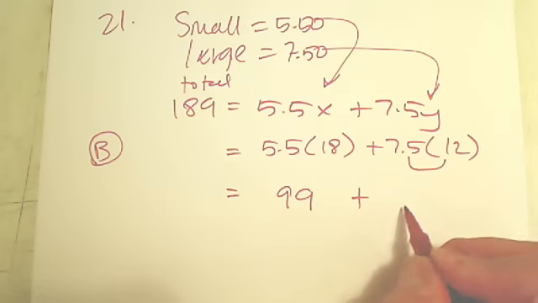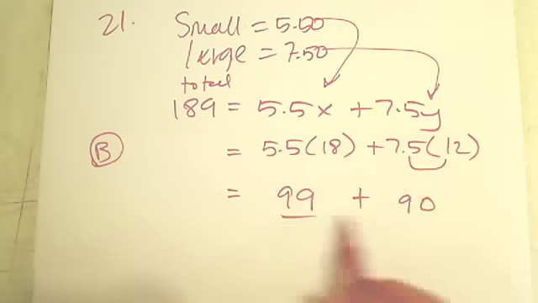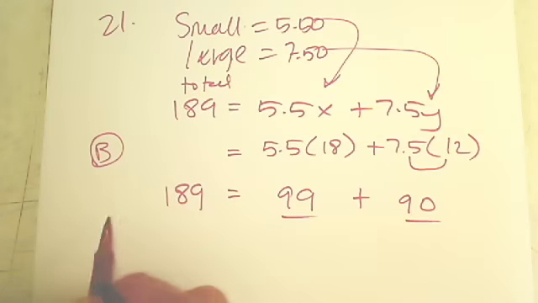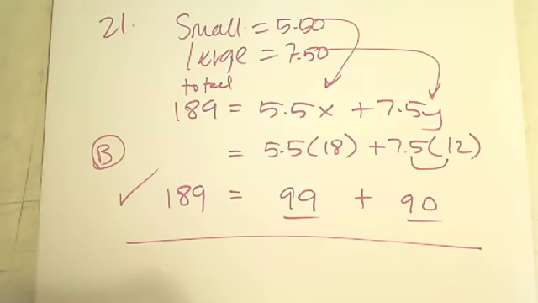And then together, $90. Does this add to 189? Yes, it does. That's one way to solve it. You're substituting in the numbers, and you're just kind of guessing and checking. In this case, for number 21, it is B as in boy.